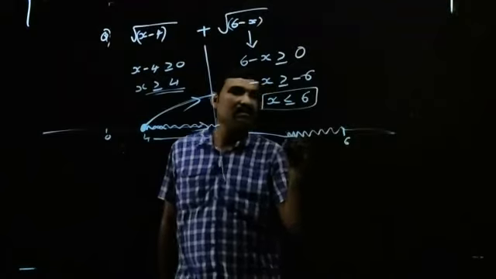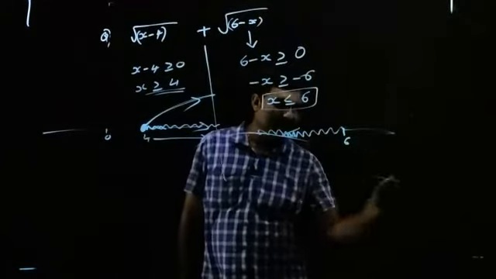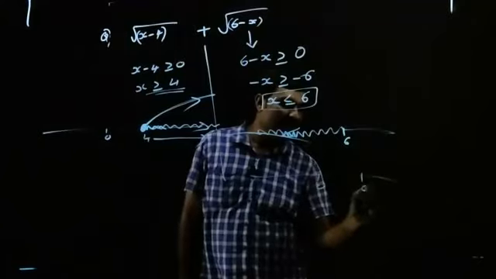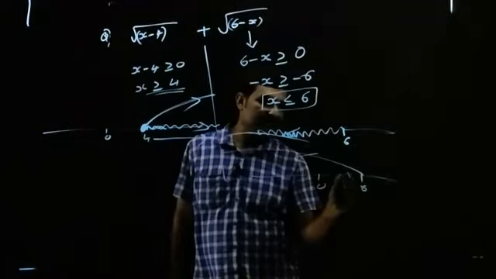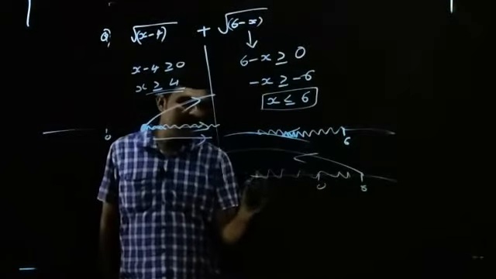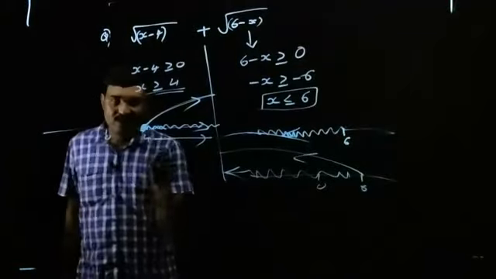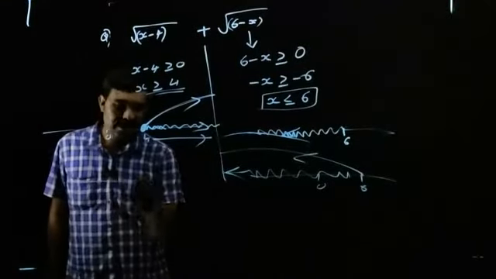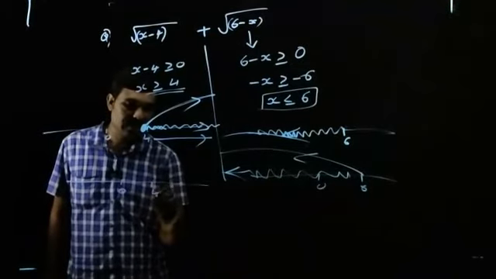All the values less than 6 form this region of the number line, and I'm marking this. Now I am drawing both figures on a single number line. So 0, and for this case, this is greater than 4.